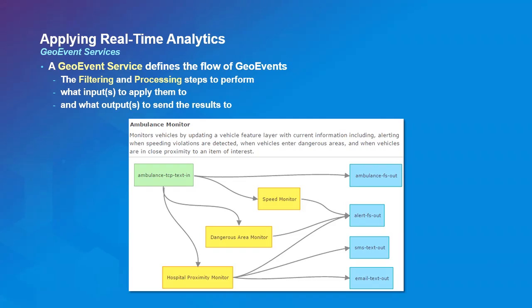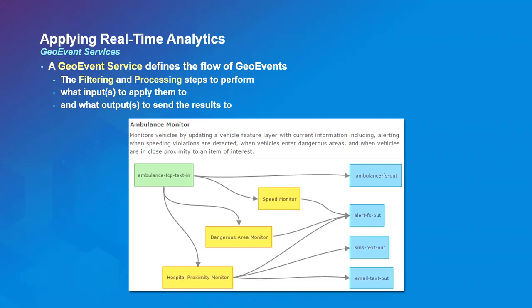And that GeoEvent service, as you saw, defines the flow of your event data. Now, in between your inputs and outputs, you can define filtering and processing steps, the real-time analytics steps that you want to perform. You define what inputs you want to apply those filtering or processing steps to, and then what outputs you want to send the results to.